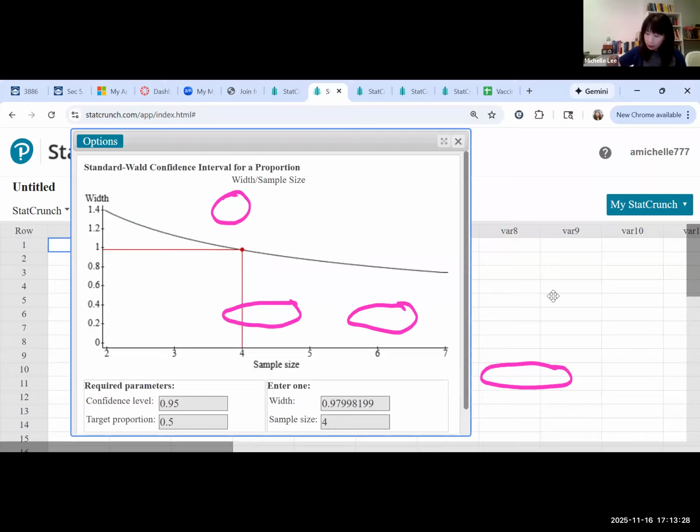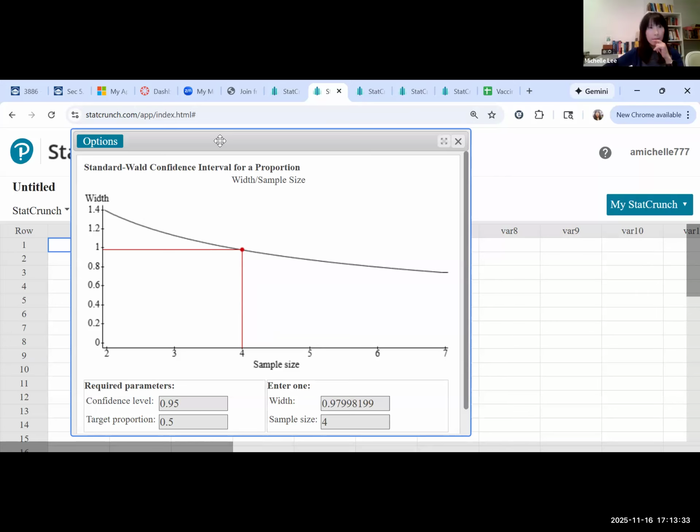Okay, so we have a 95% level of confidence. So let's leave it. I did not check the p hat. What was the p hat? P hat was unknown, so we are using 0.5. Now we have 3% margin of error, right? So we have 0.03 times 2, then 0.06.